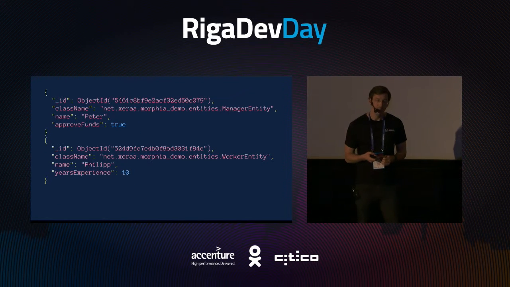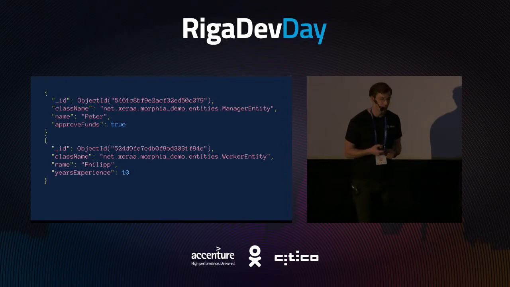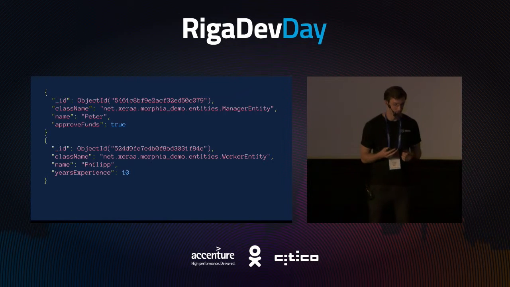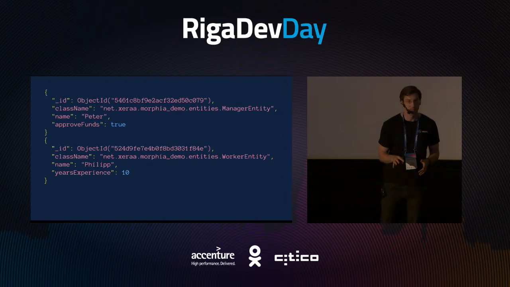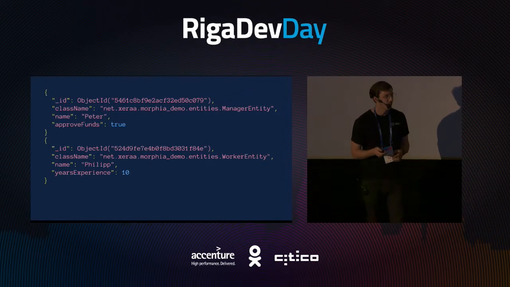What we'll then have inside our database is our manager who can approve funds and our employee who has experience. You have their IDs, and then you have this class name. Based on this class name, you can still discern who is a manager and who is a worker, which is nice. It's just a little space wasted in the database, but that's probably fine.